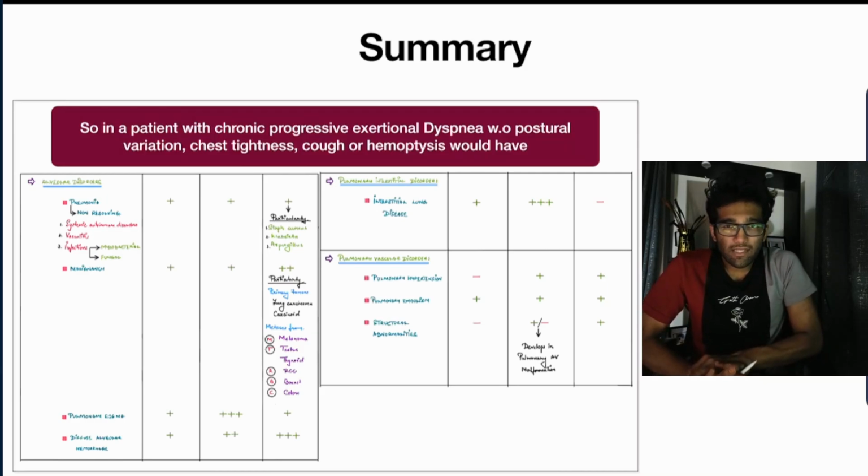And we'll be then discussing the evaluation of pulmonary function tests as well as 2D echocardiograms, primarily their interpretation, in order to be able to better understand how, in a clinical scenario, these three types of pathologies are likely to present to you. So I'll see you in the next video.